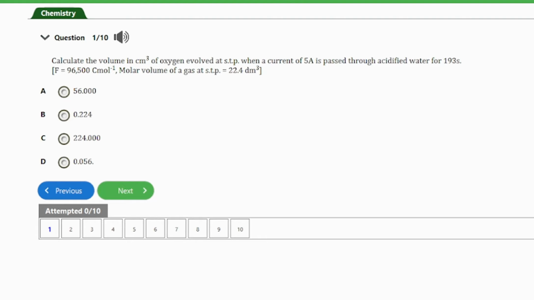We're going to zoom into our workspace, and the first thing to do is to understand what actually happens in this situation where oxygen will be liberated. First of all, at the cathode there is reduction, whereas at the anode there is oxidation.